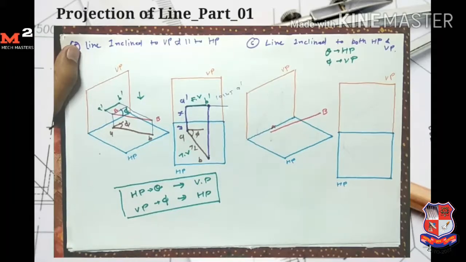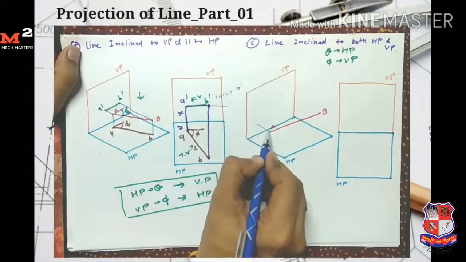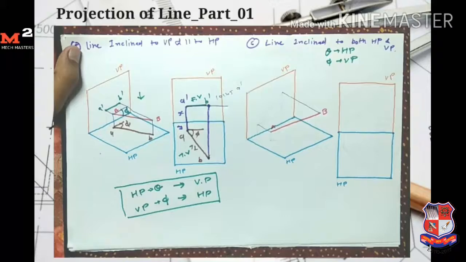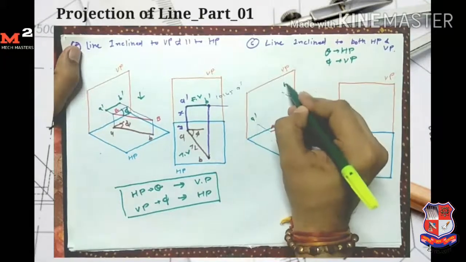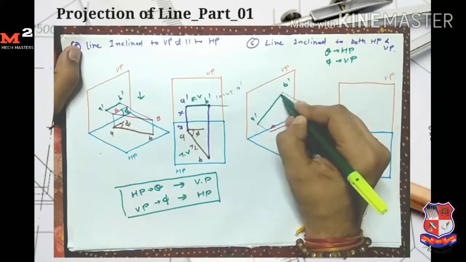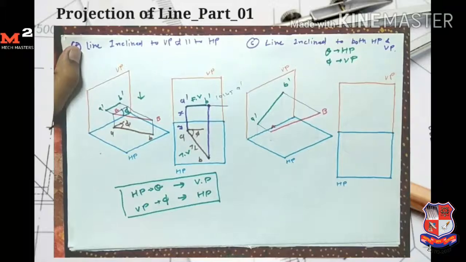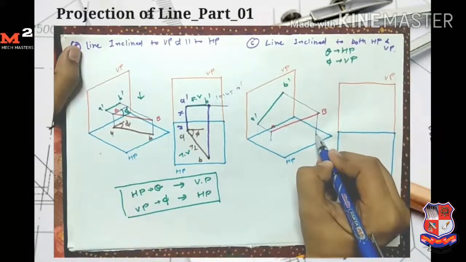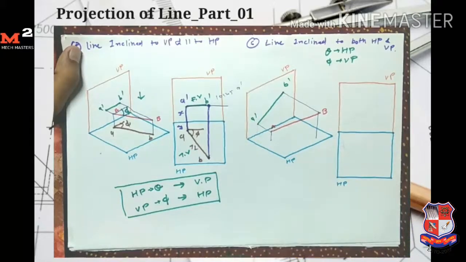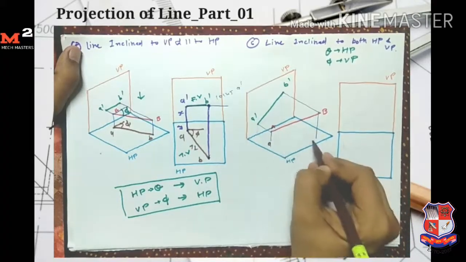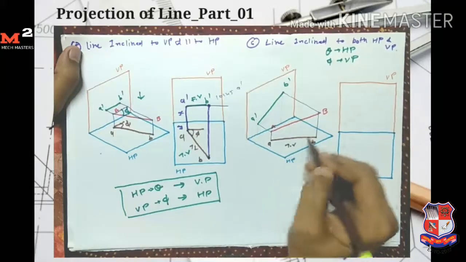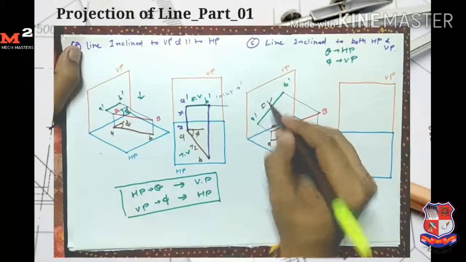So let's draw its front view and top view. For drawing the front view I take the projection on the vertical plane, so I get the two points A dash and B dash. For drawing the top view I take the projection on the horizontal plane, so I get the points A and B here. This one is my top view and this one is the front view.